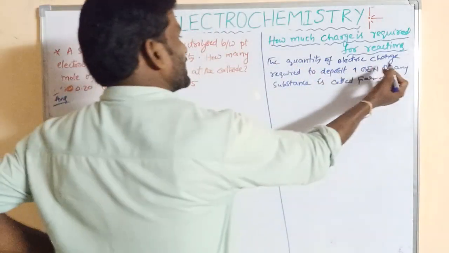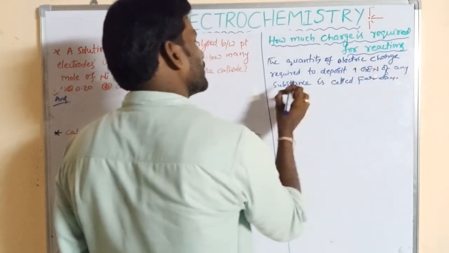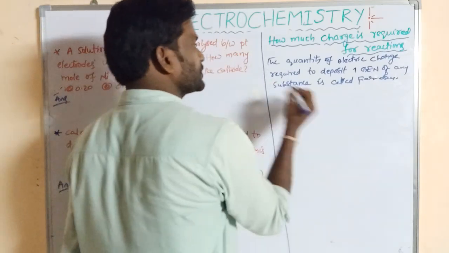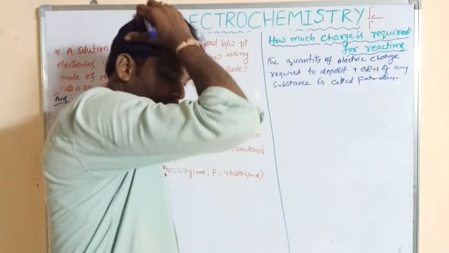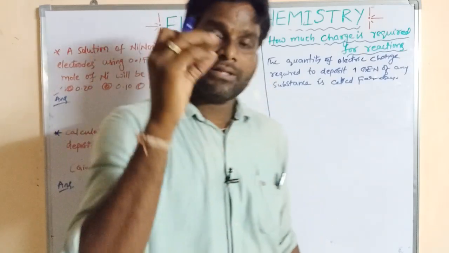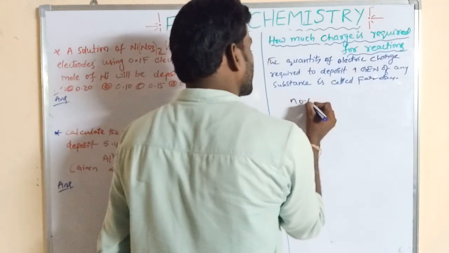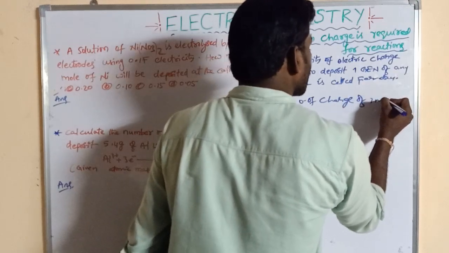The quantity of electric charge required to deposit 1 gram equivalent of any substance is called Faraday. Already says that 1 Faraday is equal to 96,500 coulombs. In the previous definition, it is the charge of 1 mole of electrons.